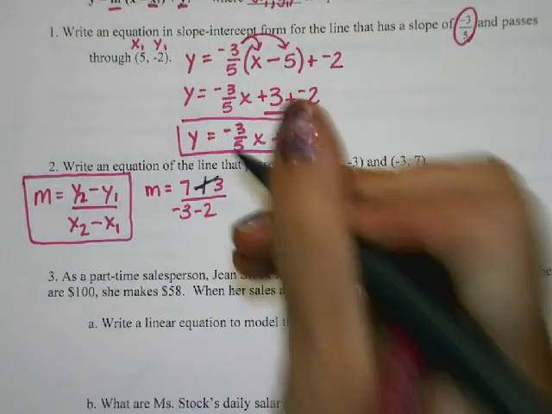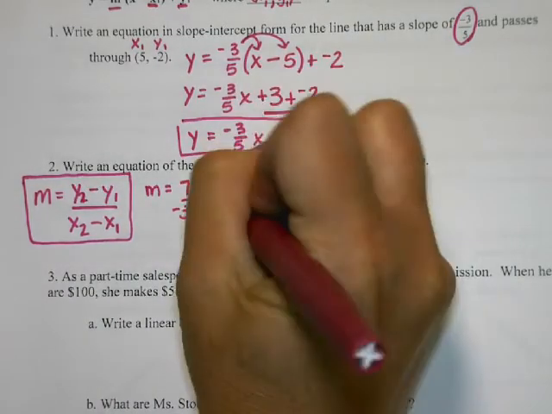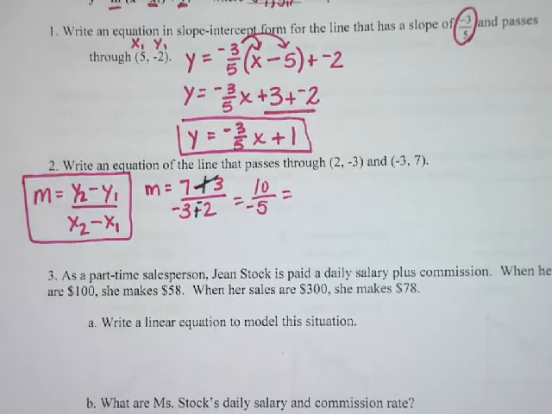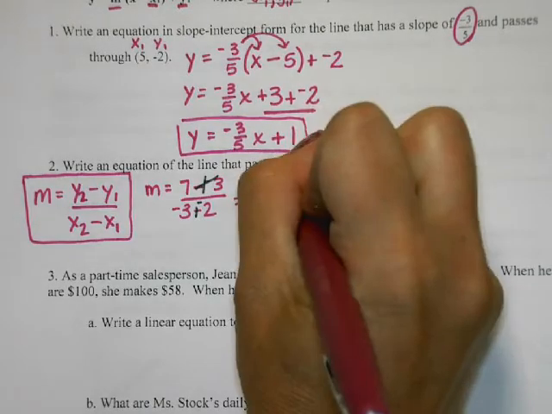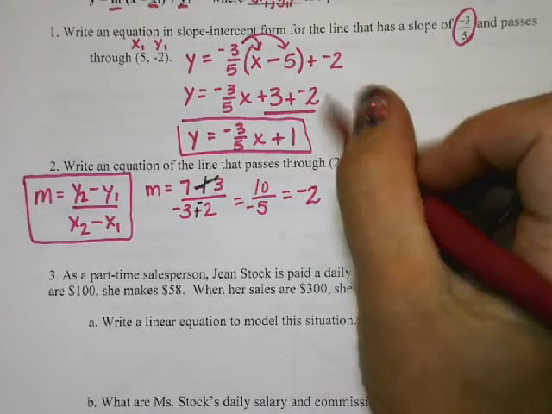Minus a minus becomes a plus. 10 over negative 5, which then reduces to... Keep going. No, try again. 10 divided... There you go. Negative 2. So my slope is negative 2.